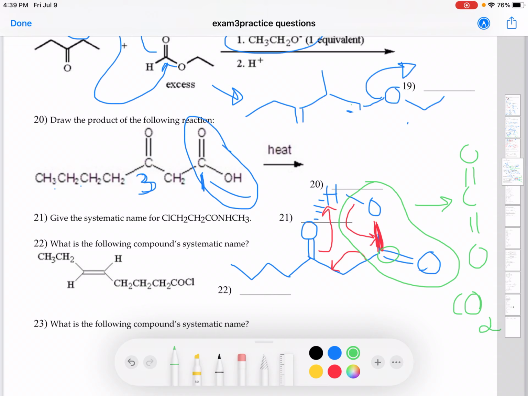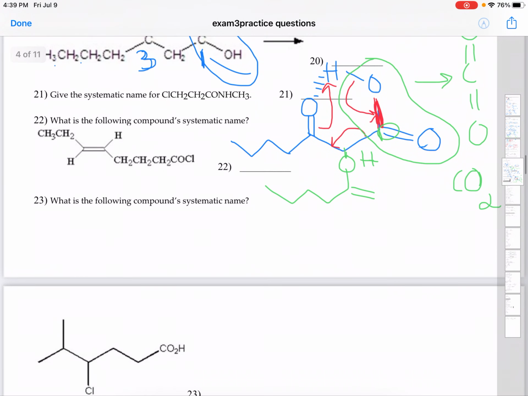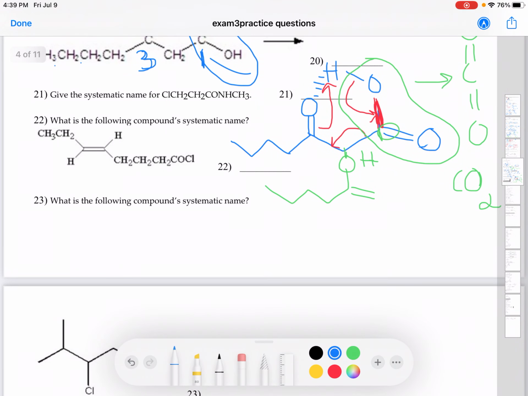It loses a carbon dioxide molecule, but from the other side, what you're going to get is an OH enol. Right? Between here and here, you form a double bond. Now, this is the enol, and you guys know enol form can rearrange to keto form, which is this molecule.